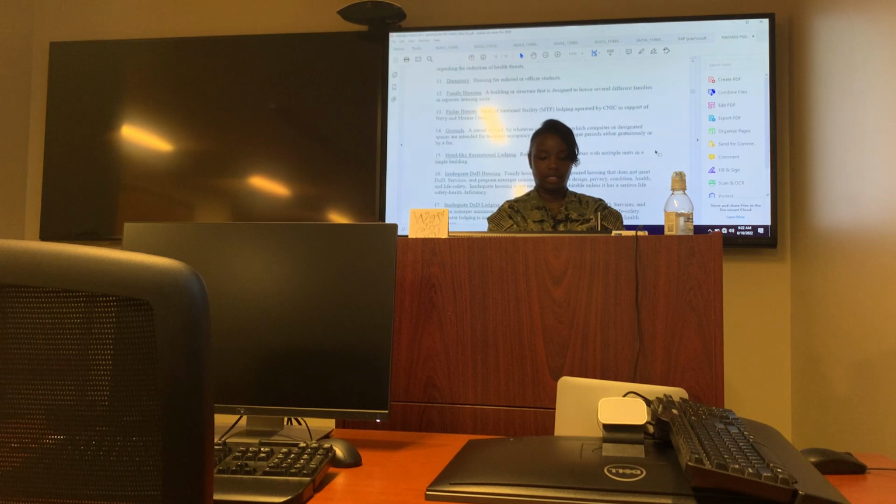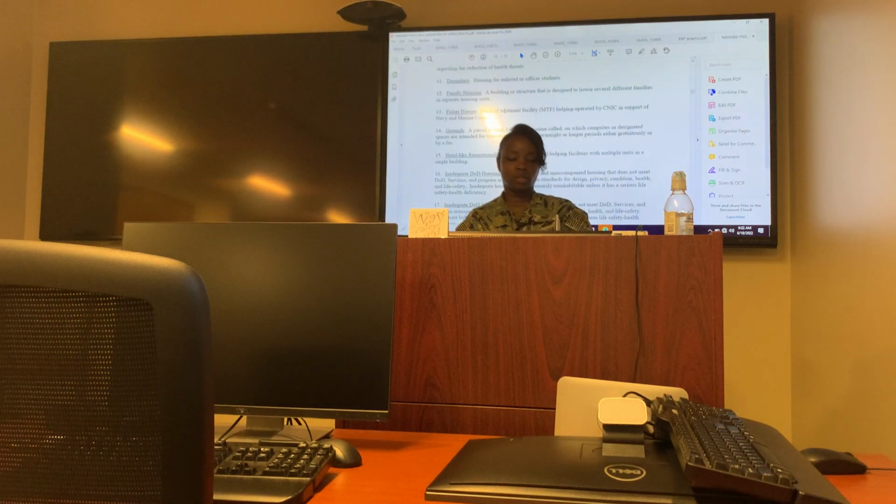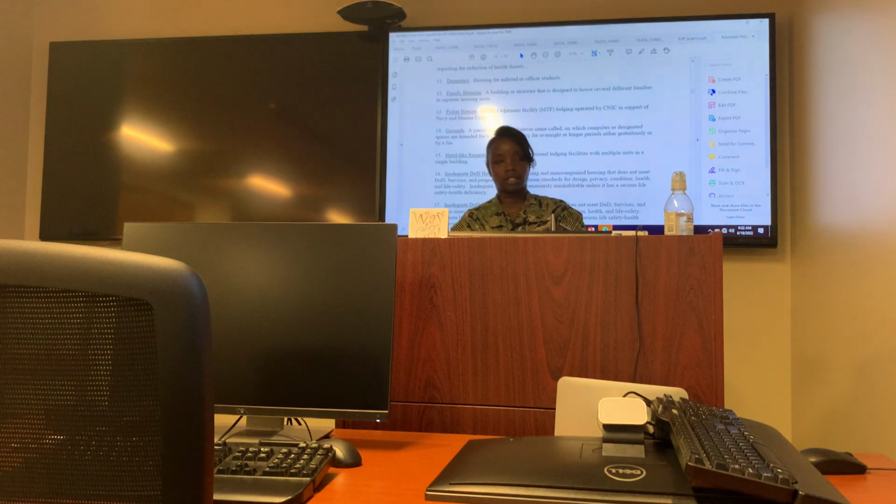Some more definitions, and I guess the reason that they put these in here is because depending on the type of facility that you go to, there's going to be certain requirements for your inspections that may not necessarily apply to others. Even though it's all going to be documented pretty much on the same form, there's certain things they're looking for as far as the barracks room versus the Fisher houses.